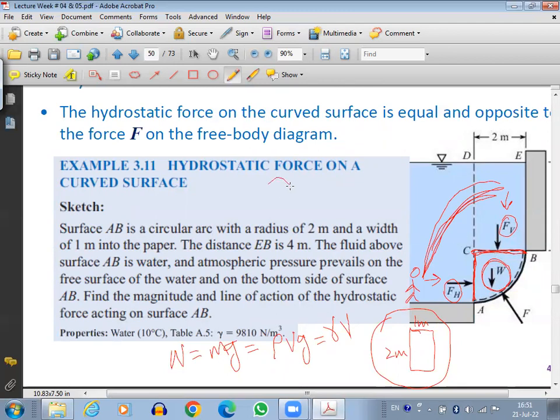If you have a circle, the center of gravity would be in the center. But if you have a semicircle, the center of gravity would not be here. It would be somewhere here. And if you have a quarter circle, the center of gravity would be somewhere here. So the weight will be acting downward, but at a different point, not the same point as FV.